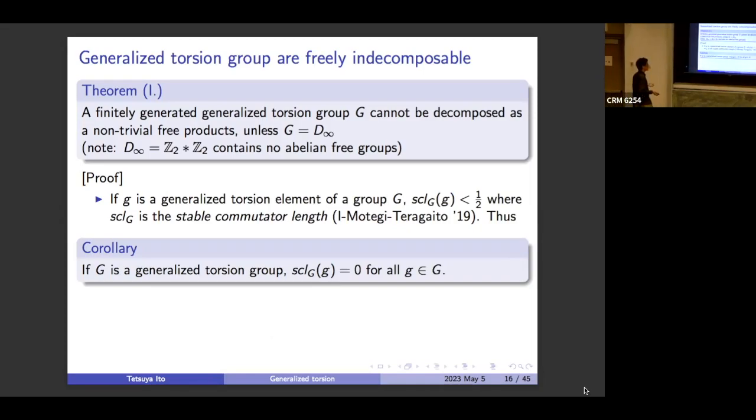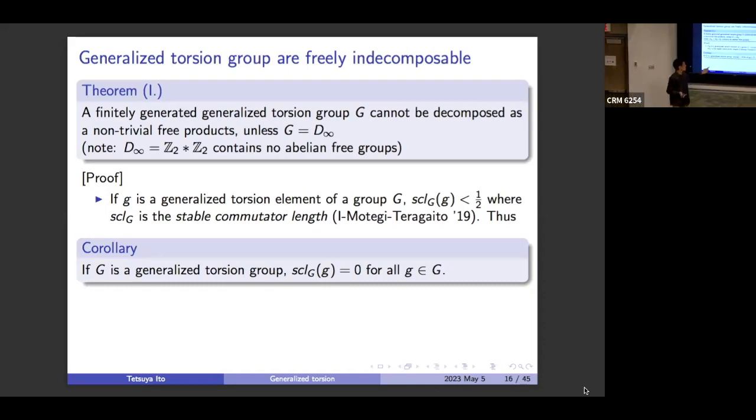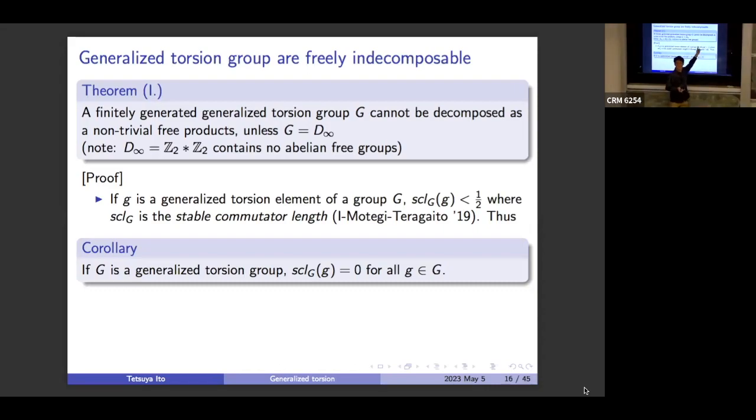One trick is that if g is a generalized torsion element of a group Z, then its stable commutator length is small. Here I do not explain what stable commutator length is; you can think of it as a magic wand. It is a well-studied object for groups, and there are many strong and useful results. What we need to know is that stable commutator length provides an obstruction for generalized torsion elements.